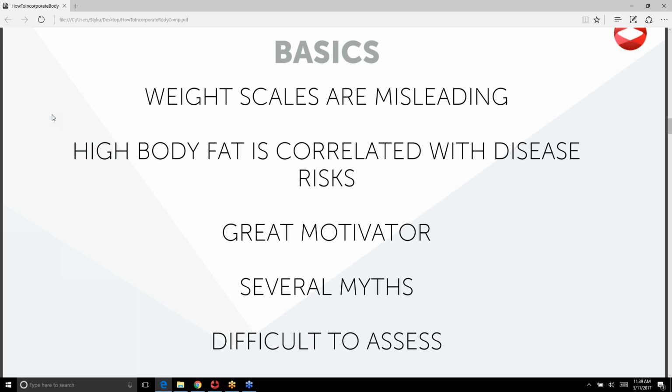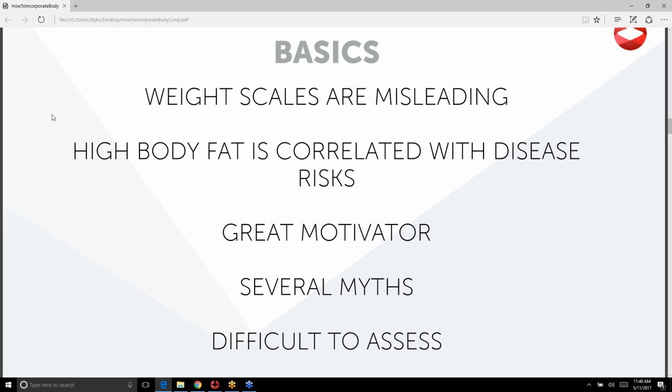And visceral fat is dangerous because a lot of the toxins that are getting stored in your body are getting stored in visceral fat and are entering the bloodstream and are creating all sorts of havoc throughout your body as a result. Now, knowing your body fat is also a great metric for tracking and therefore also a great motivator.